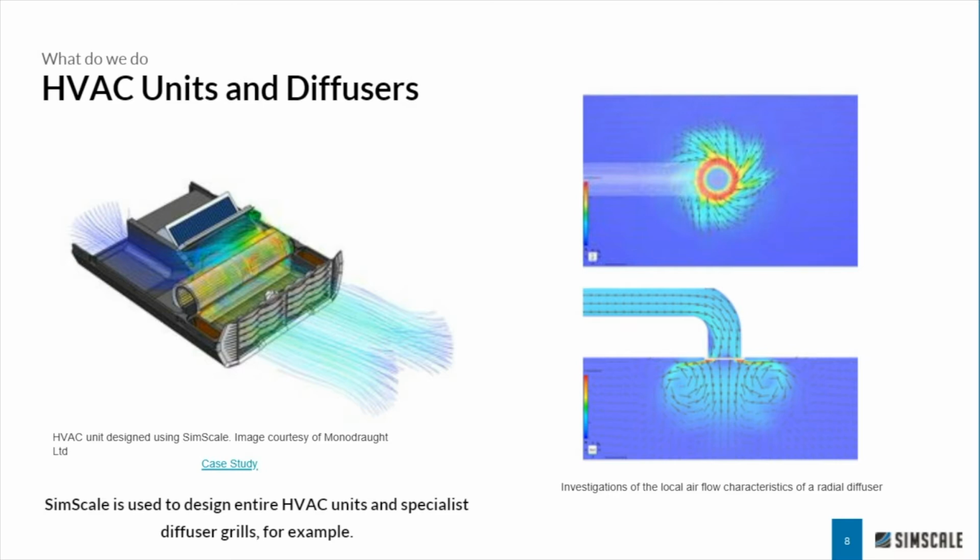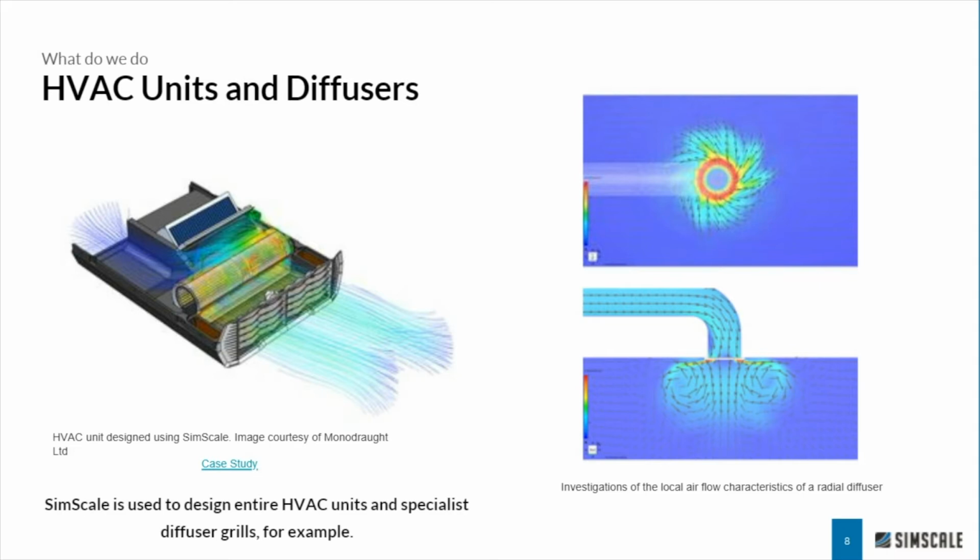And on the right side, what you see is a radial diffuser. Recently, we got a lot of demand for the analysis of air mixing, air exchange rates, and so on in classrooms, but also in office buildings, which is heavily influenced by the choice and the sizing and the design of different diffuser types.